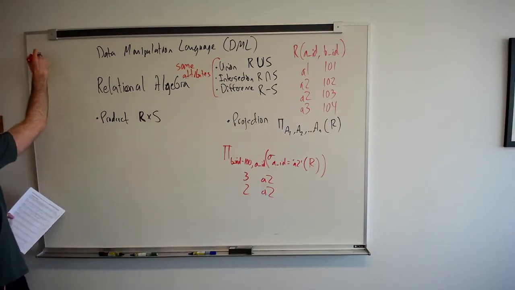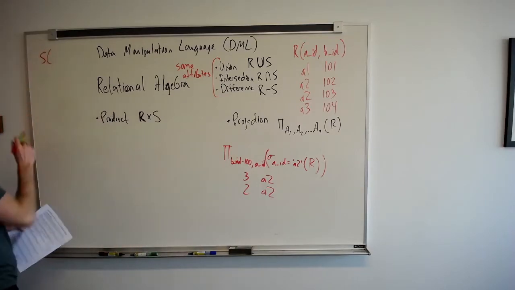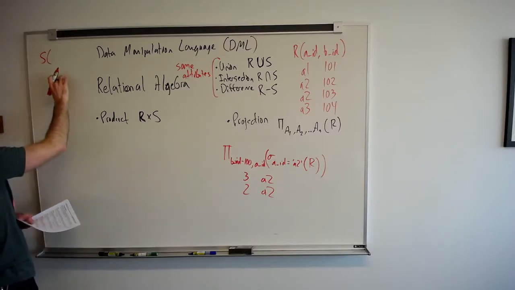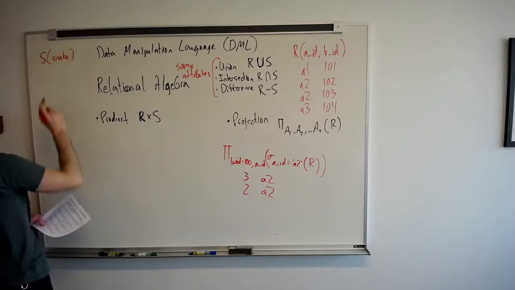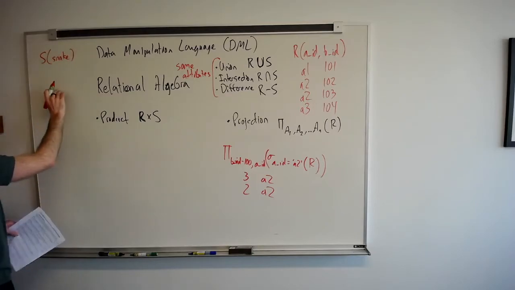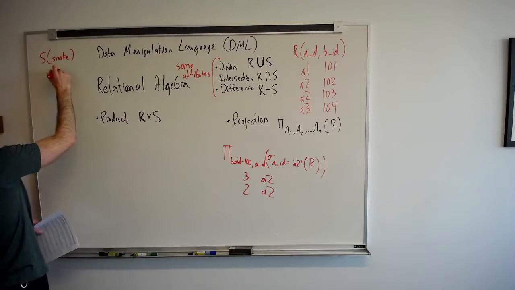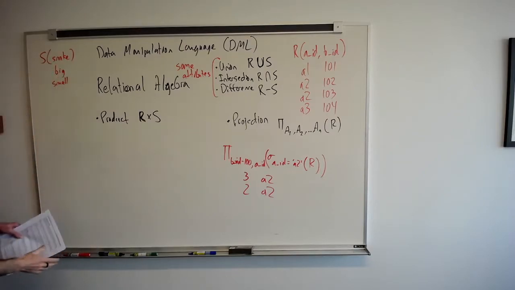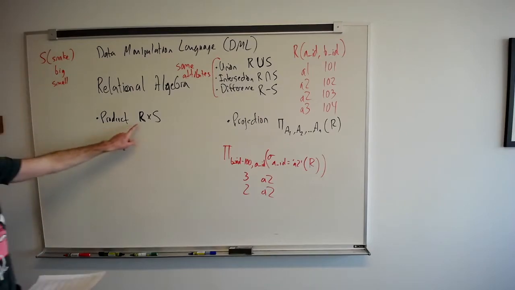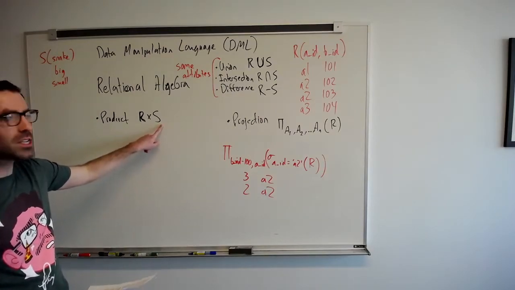So if we had our relation S and it had an attribute snake, and the snake had big and small as the values, and we did R product S.